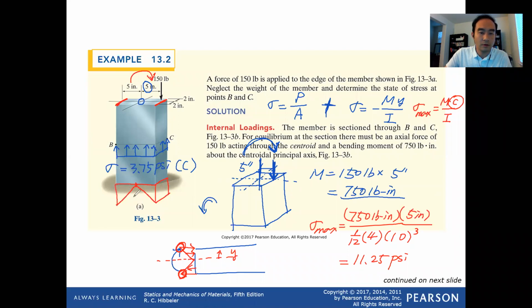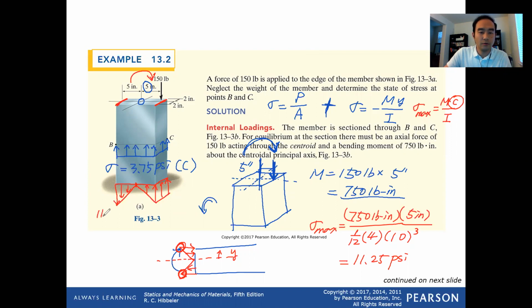Okay, here we have a stress diagram. This is compressive stress, going down to 0 in the middle, and then it changes direction to tensile stress.